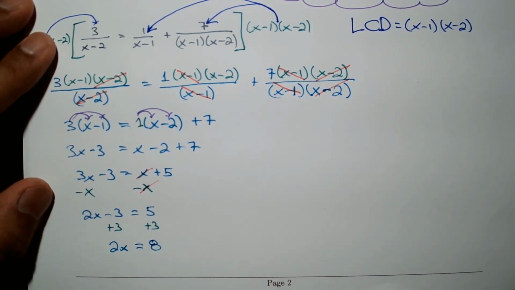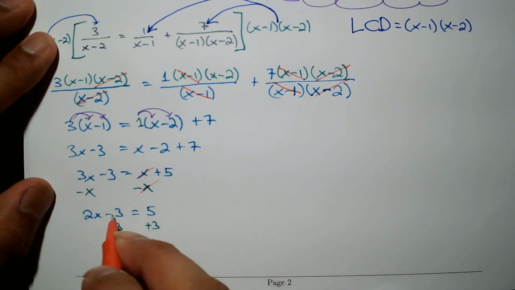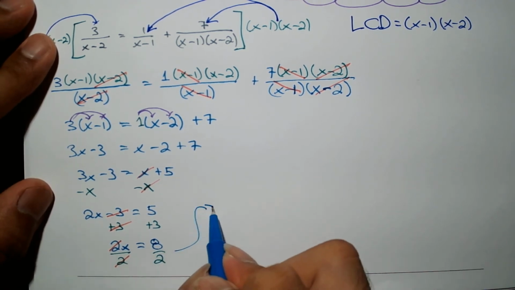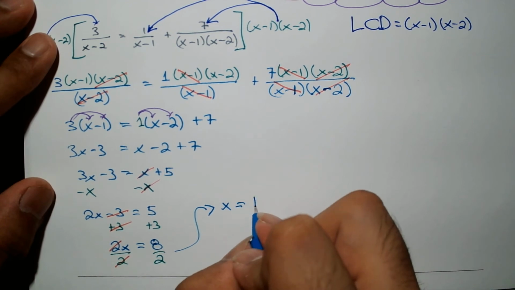And finally, divide both sides by 2 to get this 2 to cancel. By the way, cancel these 3's. And divide 8 by 2. So that's going to give us x equals 4.